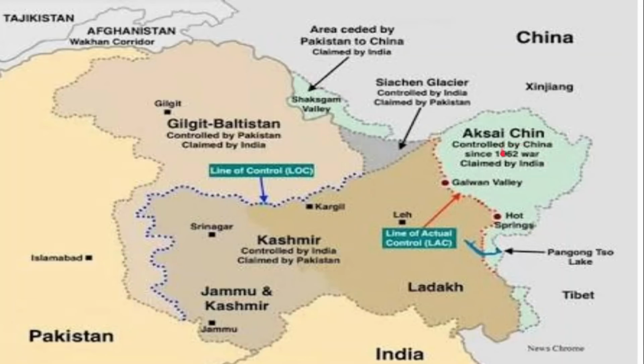Here we can see Aksai Chin, an area ceded by Pakistan to China, claimed by India. The line of control we can also see here, the blue color line.